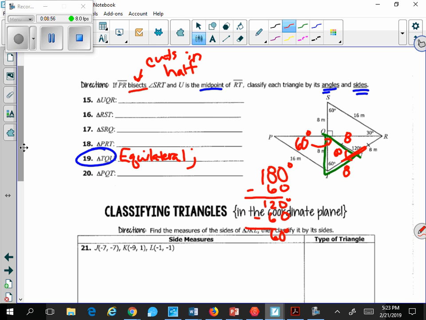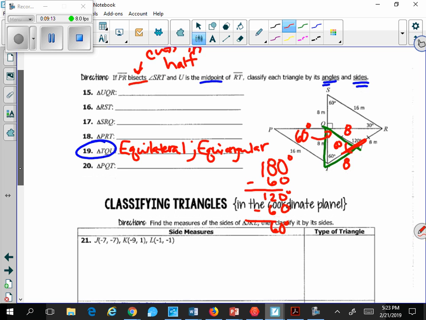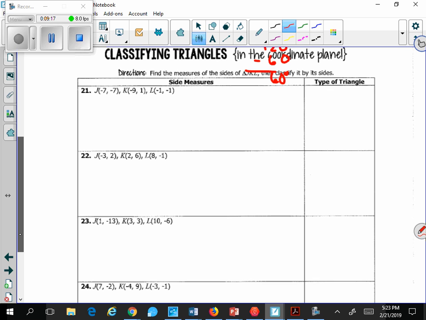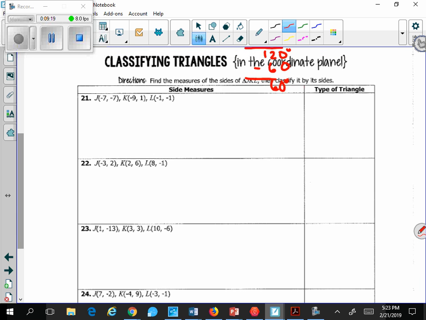If I'm classifying by angles, I'm saying it's equiangular. So that's what each of those responses should look like. Those should each say one answer for how I classify it by angles, one answer for how I classify it by sides.